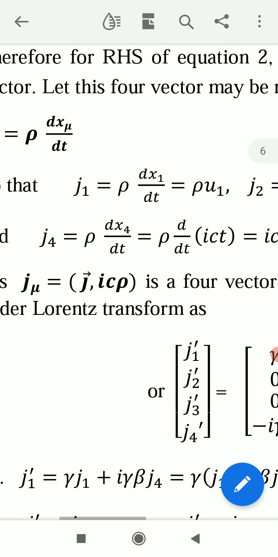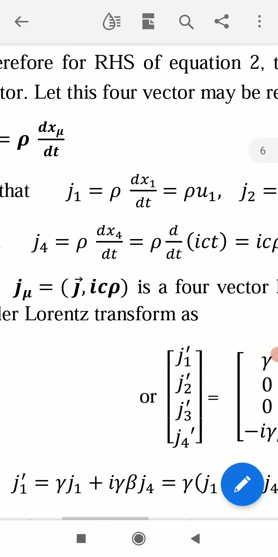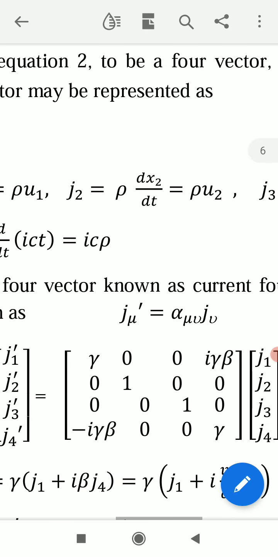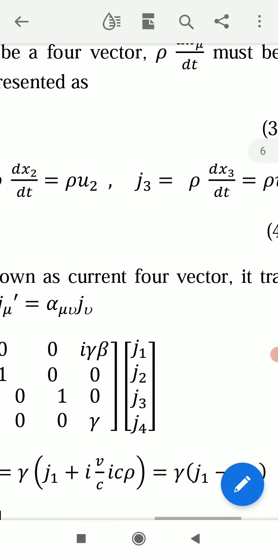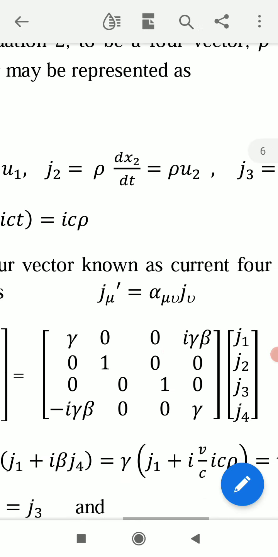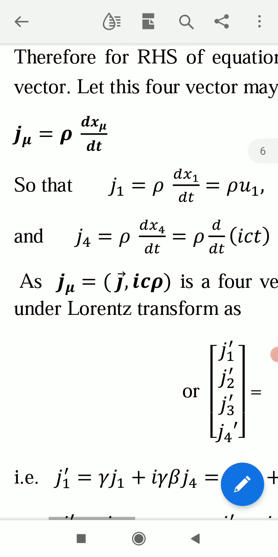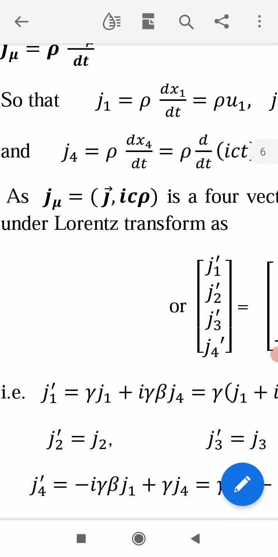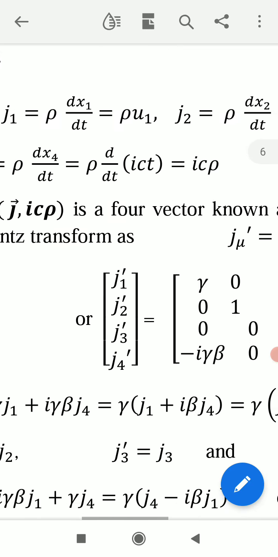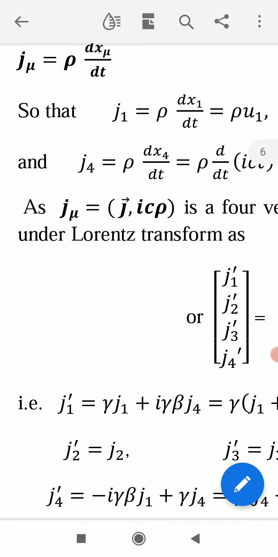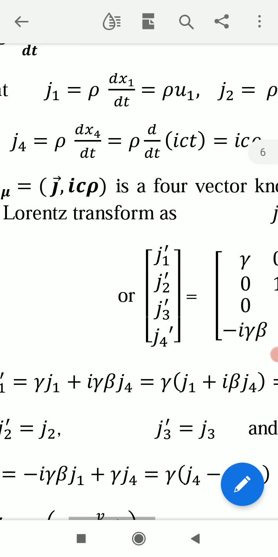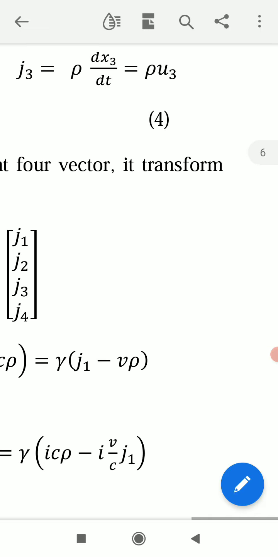Now for the current 4 vector, these are the 3 components J1, J2, J3, which are rho u1, rho u2, rho u3. We write these 3 components as J vector. And the fourth component J4 is i c rho, which is related to charge density rho. So J mu, which is equal to J vector and i c rho, is a 4 vector known as the current 4 vector.